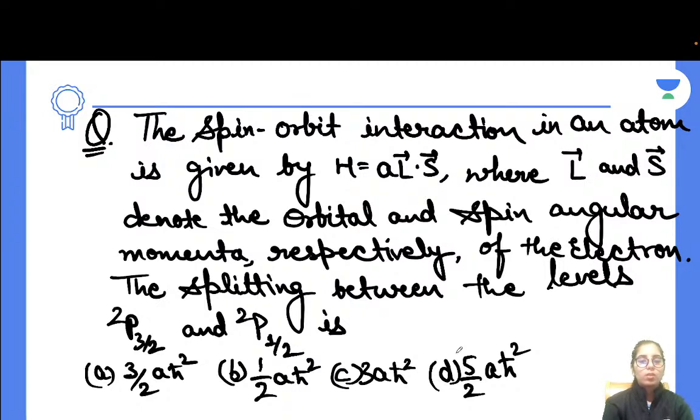Otherwise, just proceed further and let me know what the right answer is according to you. If there is any doubt or difficulty, you can even mention it. I'm going to wait for your reply for some time.